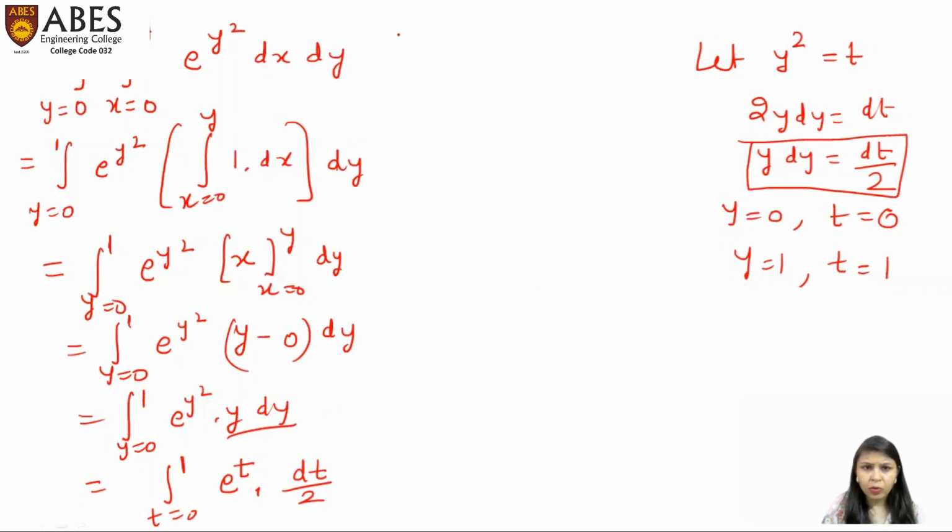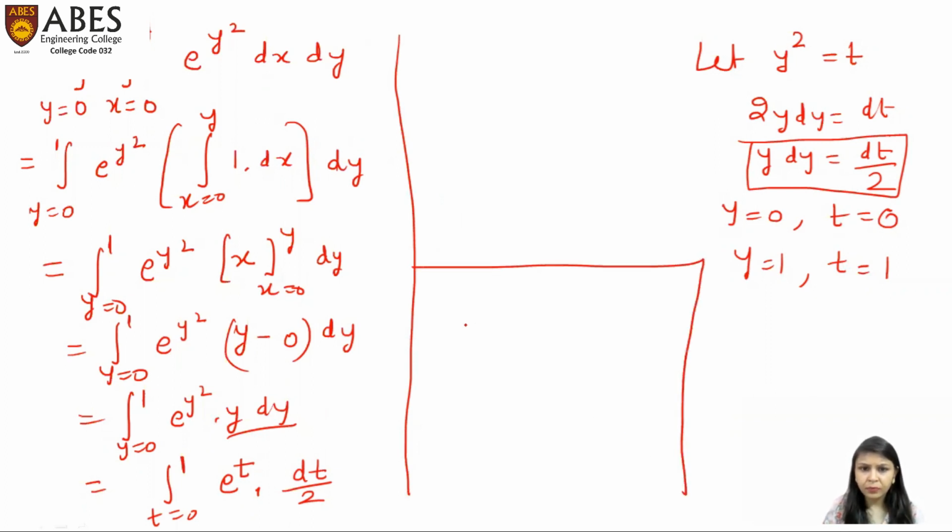So I think this will be easy to solve. Half, 1 by 2 is a constant, exponential t dt, t equals 0 to 1.